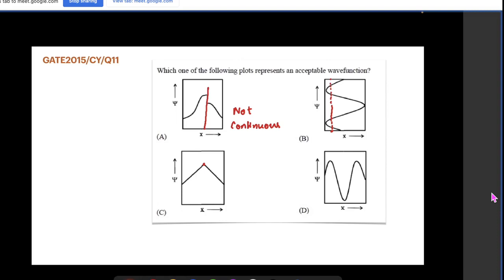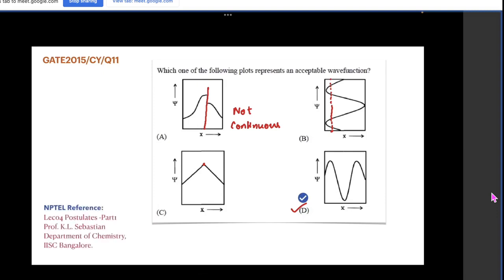Here we have different directions of our tangents, and therefore this wave function is also not acceptable. For D, you will see that the wave function follows all the conditions, and hence it is the acceptable wave function among all the different options we are given. So this is the correct option.